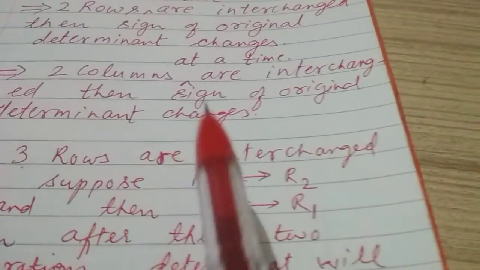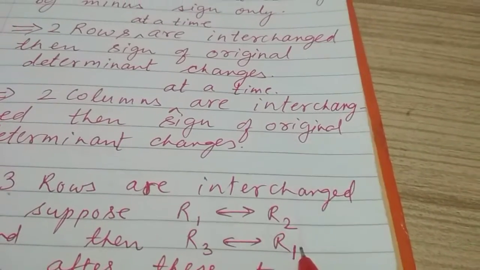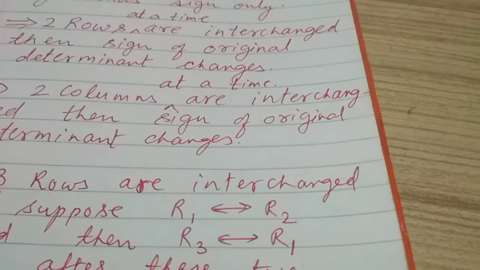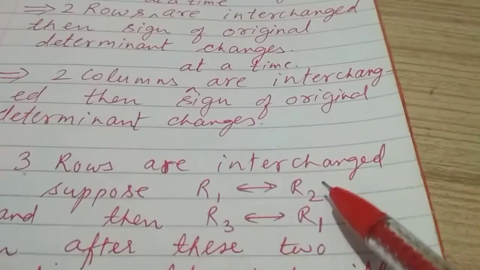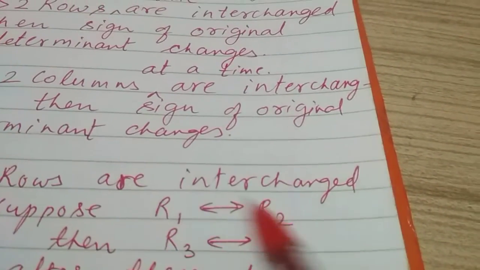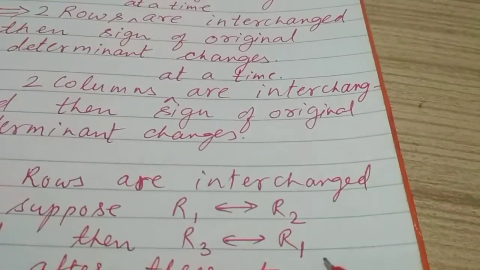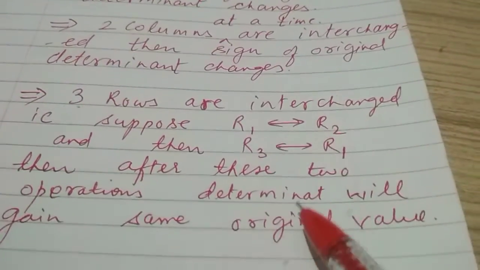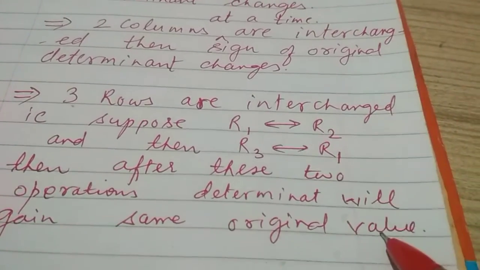But for three rows at a stretch, suppose first R1 changes with R2, then again R1 undergoes interchange with R3, then after two such interchanges, one negative sign followed by another negative sign makes the original determinant positive. Hence, after these two operations, the determinant will regain the same original value. So these two things you should always remember.